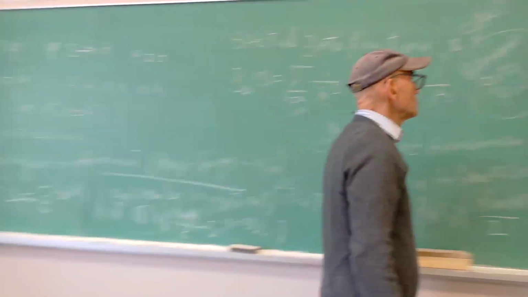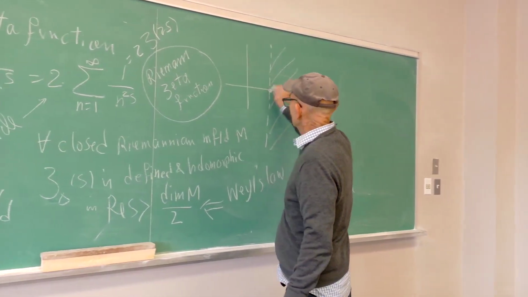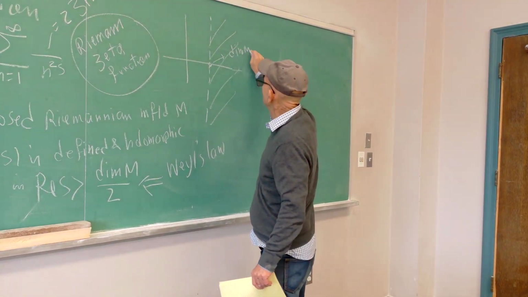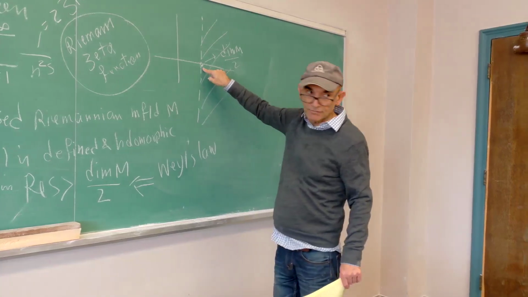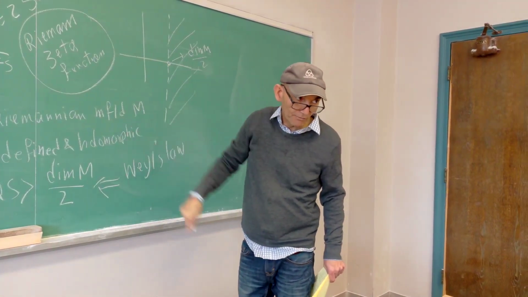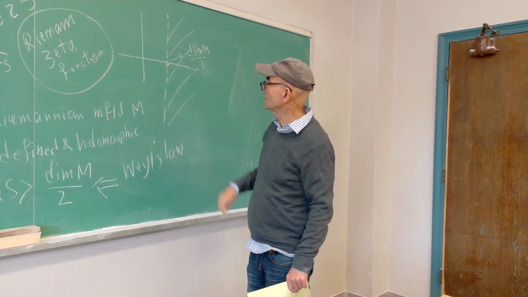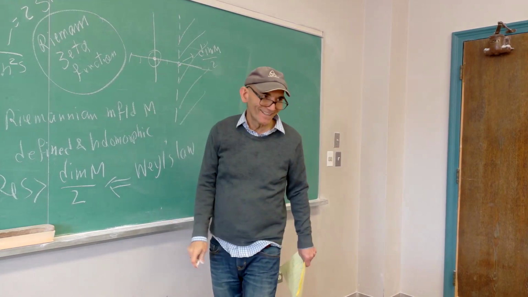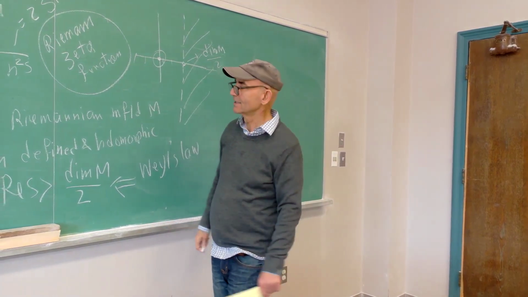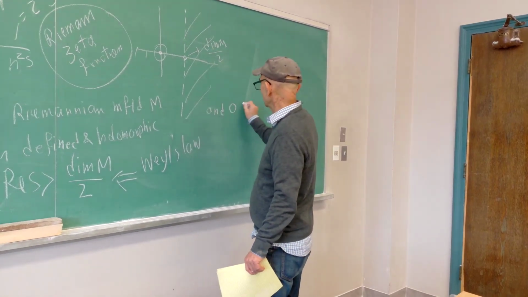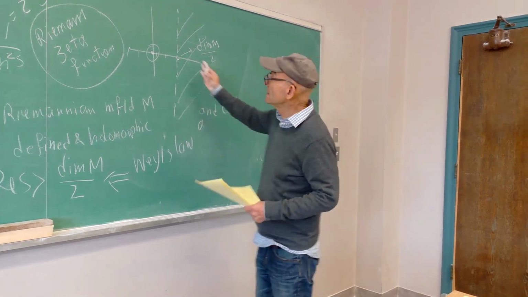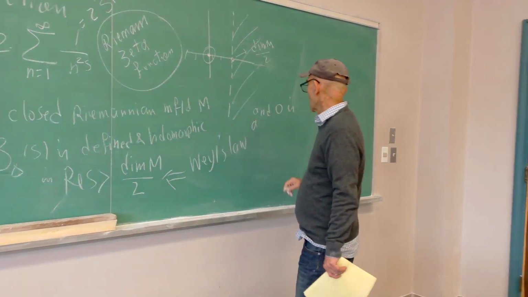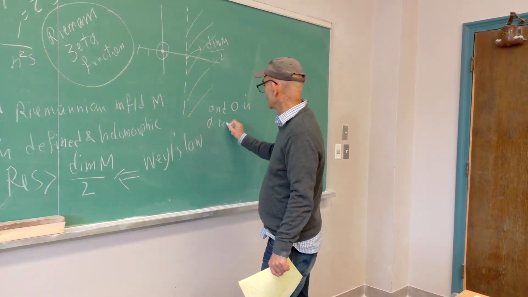So it can have at most poles at, well, there is certainly a pole here. There's definitely a pole at dimension of M over 2. And we know exactly the residue of the function at this point is related to the volume of the manifold. This is a consequence of Weyl's law as well, and is covariant too. And then one by one, you go, and you always know that 0 is a regular point for this extension, which is going to be unique because this is a holomorphic function. And 0 is a regular point.